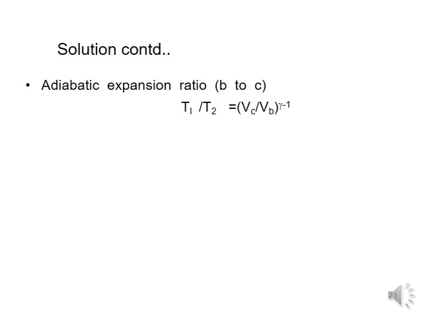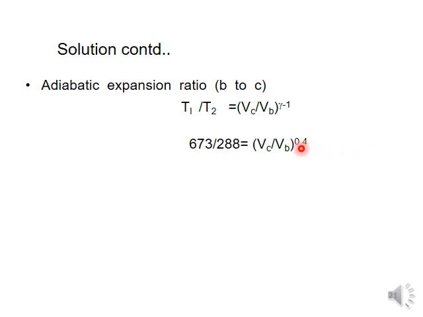The adiabatic expansion takes place from B to C. We know the relation between temperature and volume during an adiabatic process: T1 by T2 is equal to Vc by Vb whole power gamma minus 1. Here gamma is 1.4. So 673 divided by 288 equals Vc by Vb to the power 0.4.